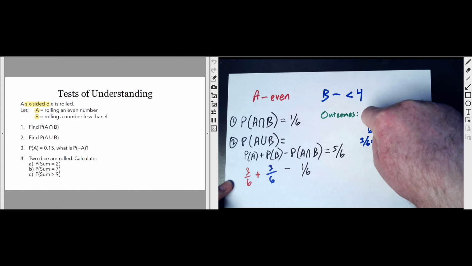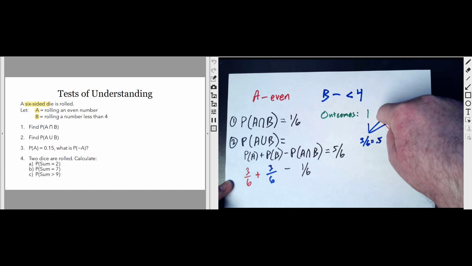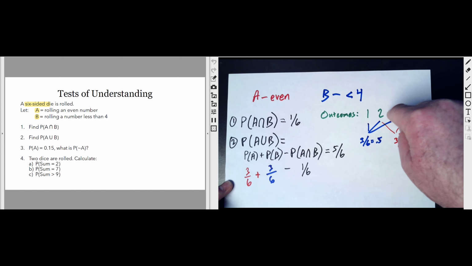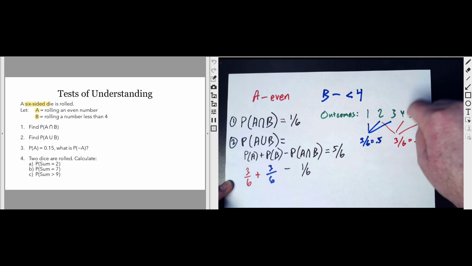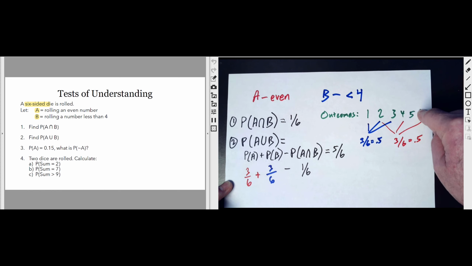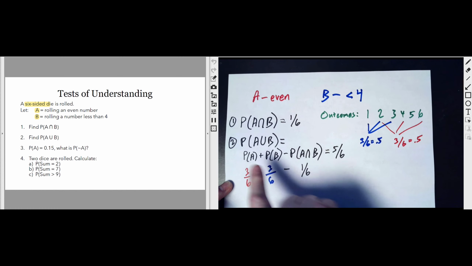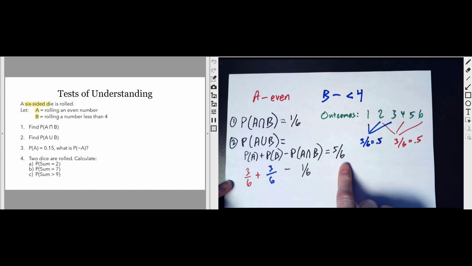Okay, so outcome 1 is in B. Outcome 2 is in both A and B. Outcome 3 is in B. Outcome 4 is in A. Outcome 5 is not in either event. And outcome 6 is in A. So we have 5 outcomes out of 6, 5 out of 6, that are in this event, either A or B occurring.